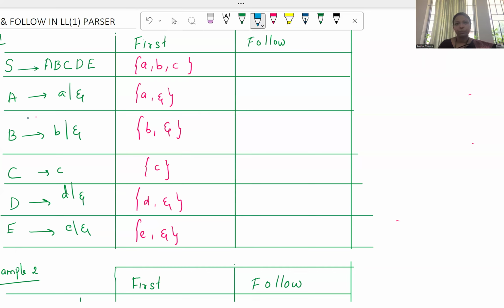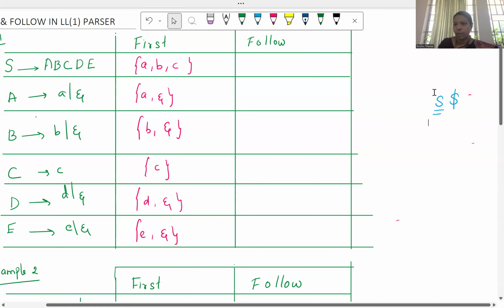And that is follow. So in this case, this is the start symbol of this grammar, right? When you take the start symbol, to denote the end of the input string, we use dollar at the end. For a given input string, the derivation always starts with the start symbol, and finally you have a dollar at the end to denote the end of the input string.